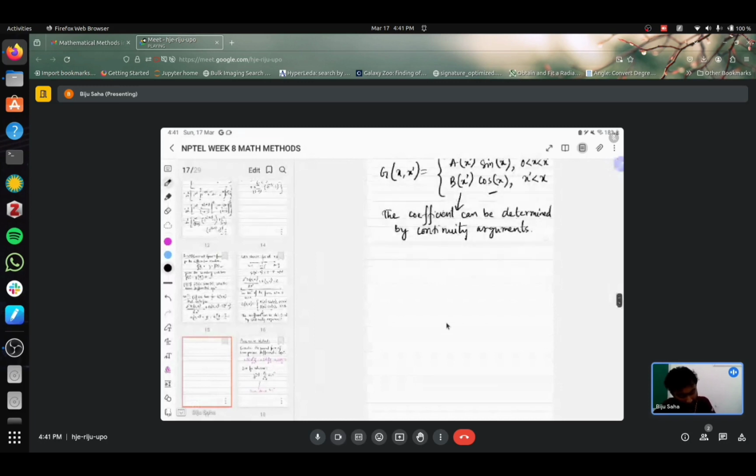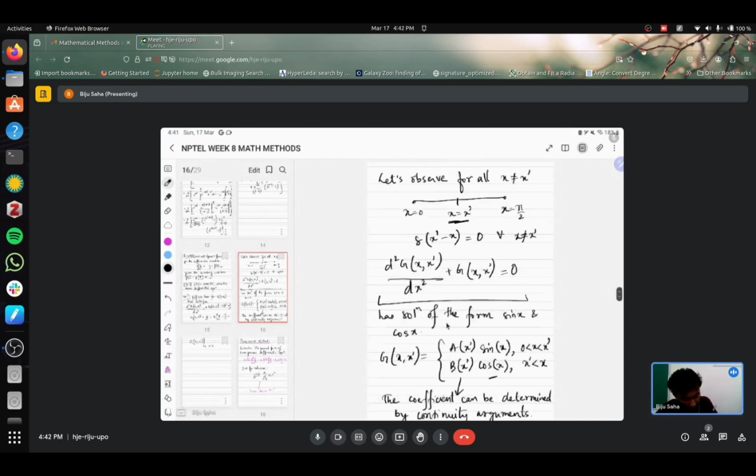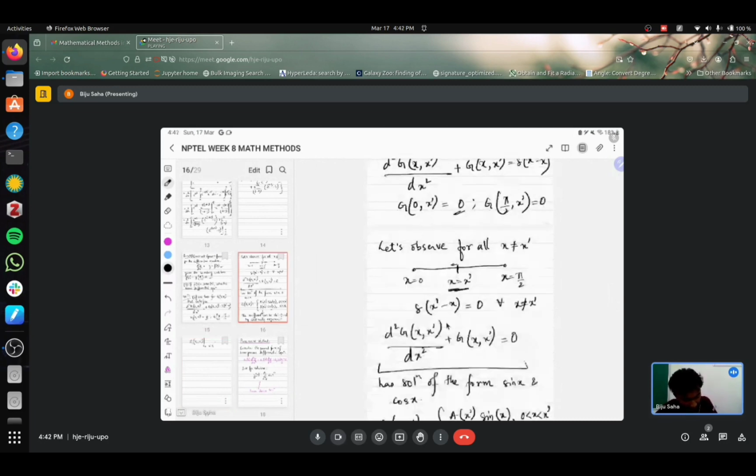So the first continuity condition is that even slightly away from this x prime, in a way which is slightly forward to the direction of x prime. So this can be considered to be x prime plus epsilon and this to be x prime minus epsilon.